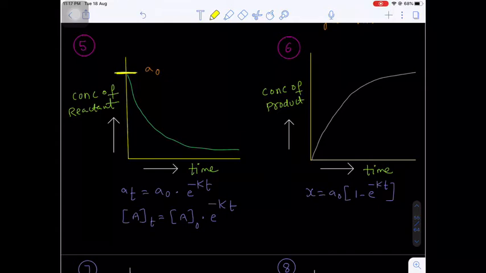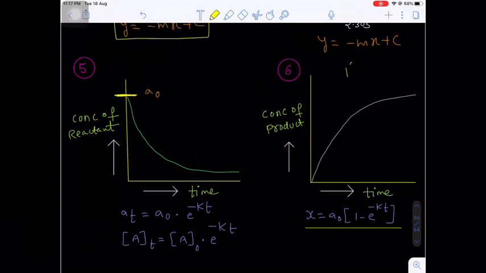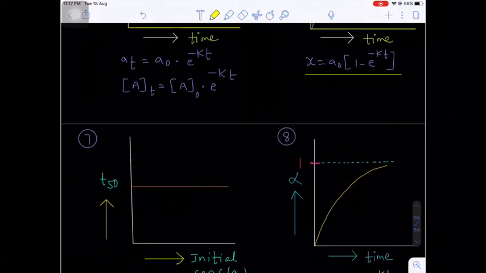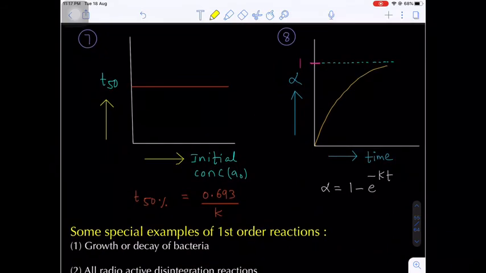When the concentration of reactants exponentially decreases, the concentration of products exponentially increases. Are you getting my point? Linearly decreases, linearly increases: zero order kinetics. Exponentially decreases, exponentially increases: first order kinetics. So with the help of these graphs also, we can identify which order reaction it is. First order reaction.